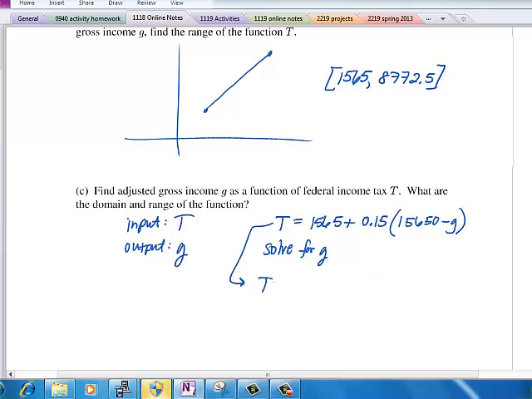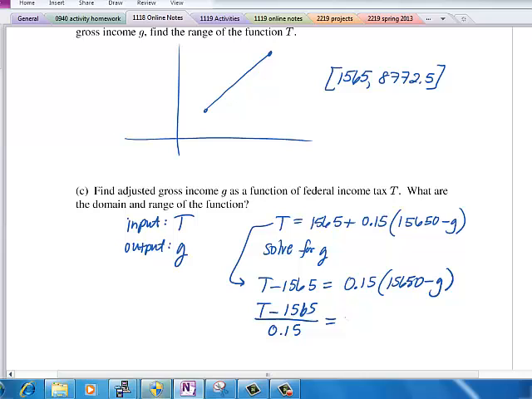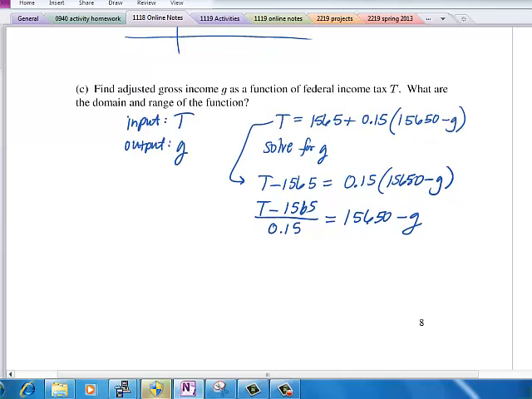So t minus 1565 would be 0.15 times g minus 15650. So if I divide by 0.15, and then add 15650 to both sides.